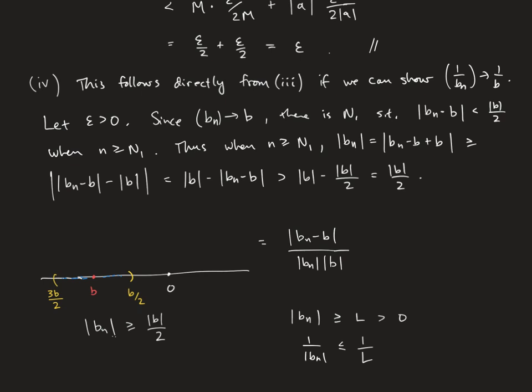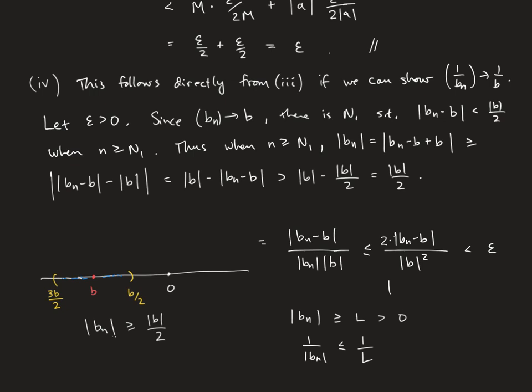And so since our bn's have that lower bound, the 1 over bn's, going back to our scratch computation, have the upper bound of the inverse of that. So we're going to have the absolute value of bn minus b times 2 over the absolute value of b squared, and we want that to be less than epsilon.